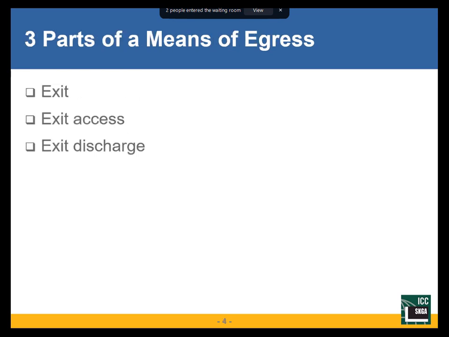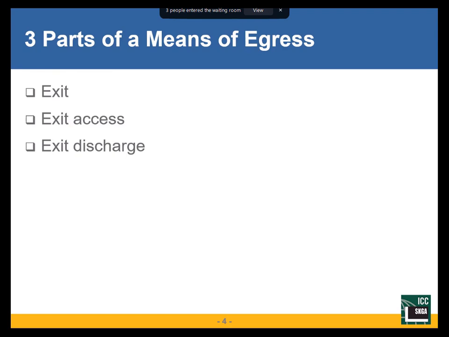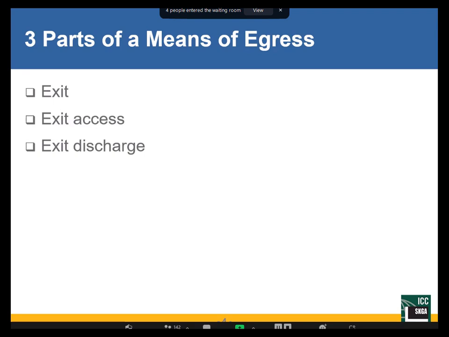Chapter 10 is a big chapter. There's a lot of information there. We'll get through this. First concept you need to understand with regard to application of code requirements: there are three parts of the means of egress.